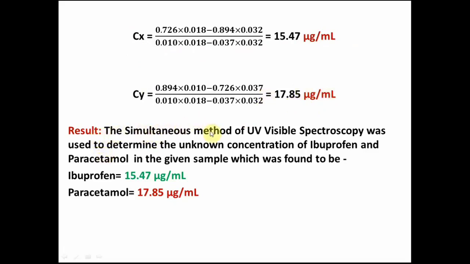The simultaneous method of UV visible spectroscopy was used to determine the unknown concentration of ibuprofen and paracetamol in the given sample, which was found to be 15.47 microgram per ml for ibuprofen and 17.85 microgram per ml for paracetamol.